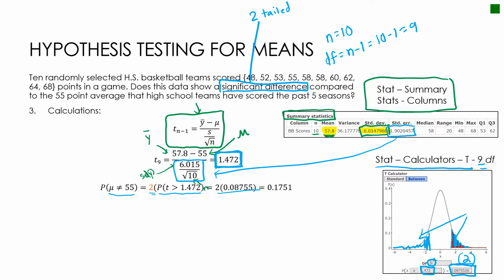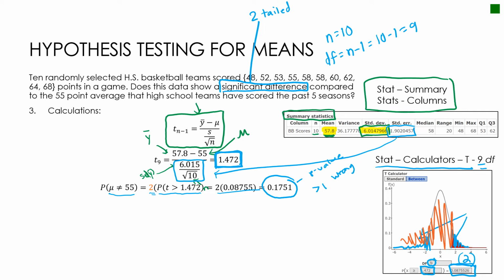Just as a reminder, remember that this number, your p-value, is a probability. So if I got a number greater than 1, then it's wrong. If I would have found the area to this side of 1.472 and then doubled it, that would have been greater than 1, and I would have been absolutely wrong. So just always do that check.